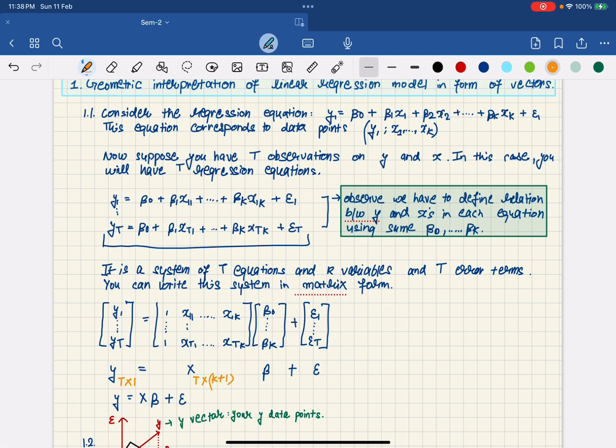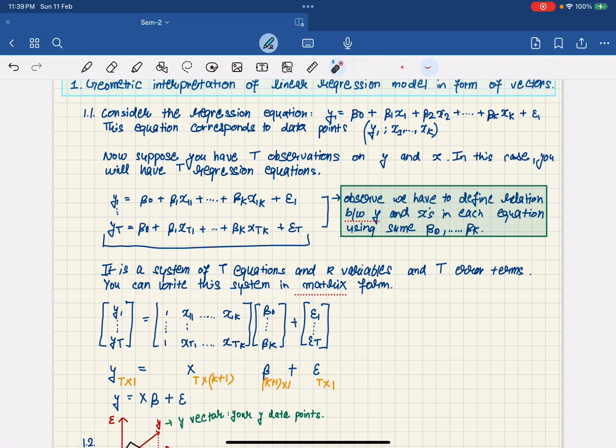Your b matrix is of k plus 1 cross 1 order, and your epsilon matrix, the vector of your error terms, is of t cross 1 order. Okay, so this is your regression equation in matrix form.